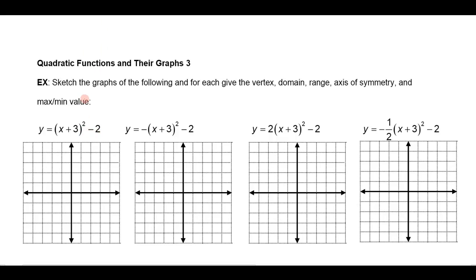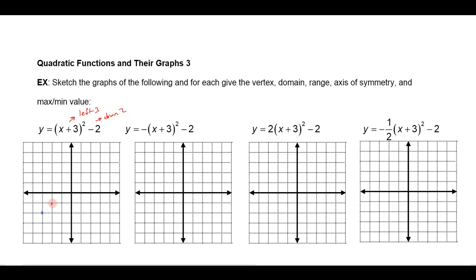What we learned in parts 1 and 2 is that if I tweak a function on the inside, like x squared with a plus 3, that's going to move it to the left 3. And if I tweak it on the outside with a minus 2, that's going to move it down 2. So this is going to be the same graph of y equals x squared, but moved over to the left 3 and down 2.